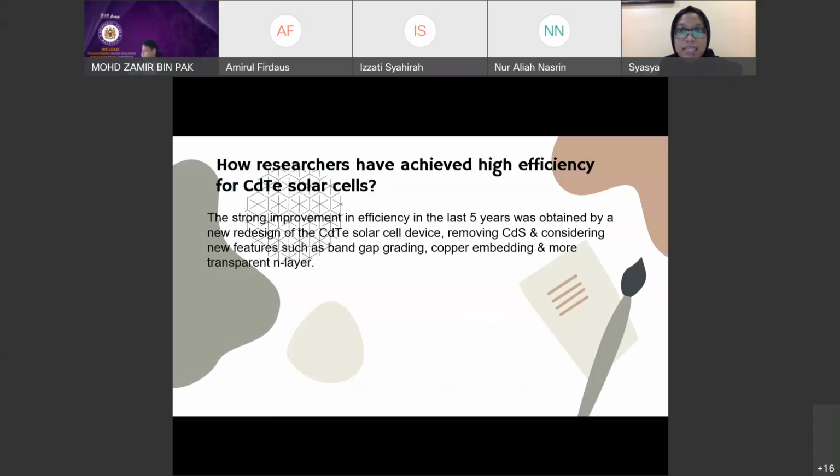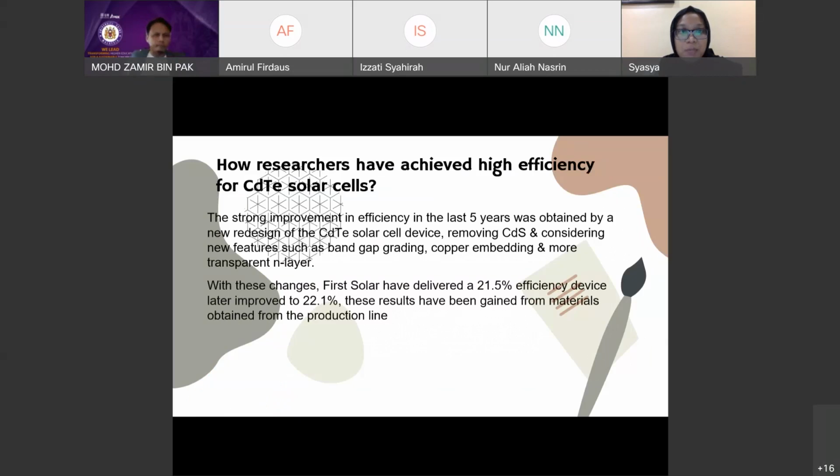The strong improvement in efficiency in the last 5 years was obtained by a new redesign of the cadmium telluride solar cell device, removing cadmium sulfide and considering new features such as band gap grading, copper embedding, and a more transparent end layer. With these changes, First Solar delivered a 21.5% efficiency device, later improved to 22.1%.